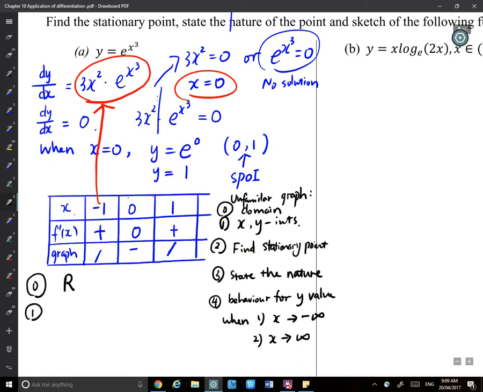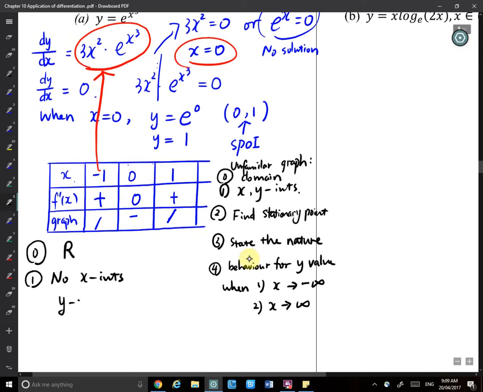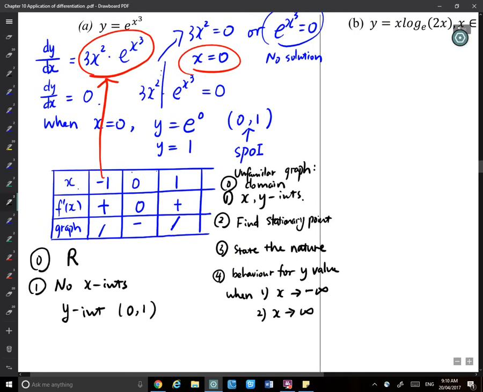Will there be an x-intercept? No. When y equals 0, exponential cannot be 0, so no x-intercept. And the y-intercept is when x equals 0, y equals 1. So (0, 1) is the y-intercept.